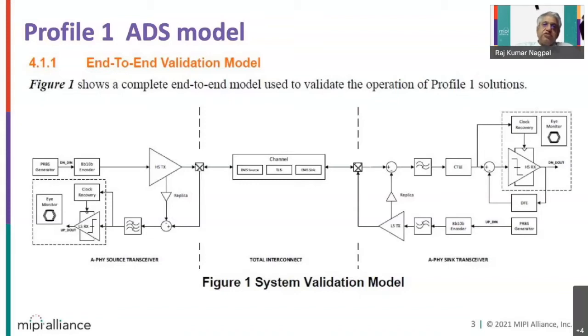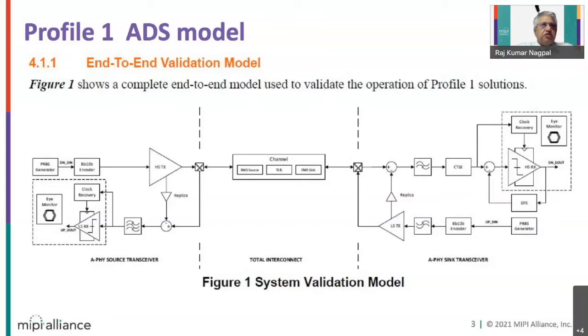Performance wise, profile 2 is more optimum for high performance applications, and of course profile 2 comes with a higher cost. Profile 1 is a low cost implementation with lower performance compared to profile 2. So that's as a beginning.